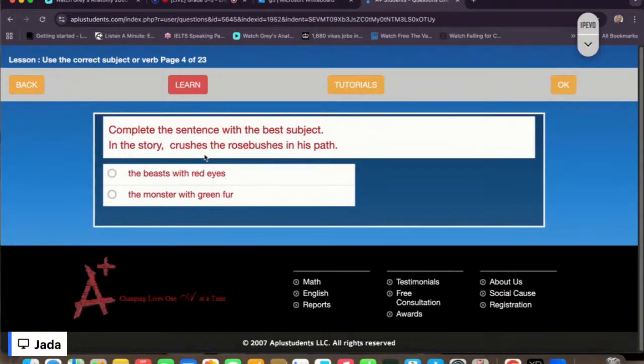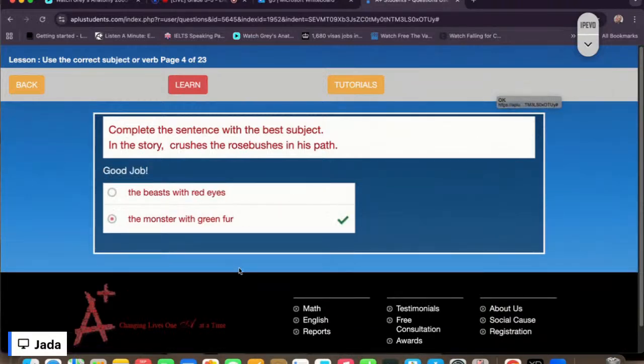So we have crushes here, so it has to be what? A singular subject. So the monster with green fur.